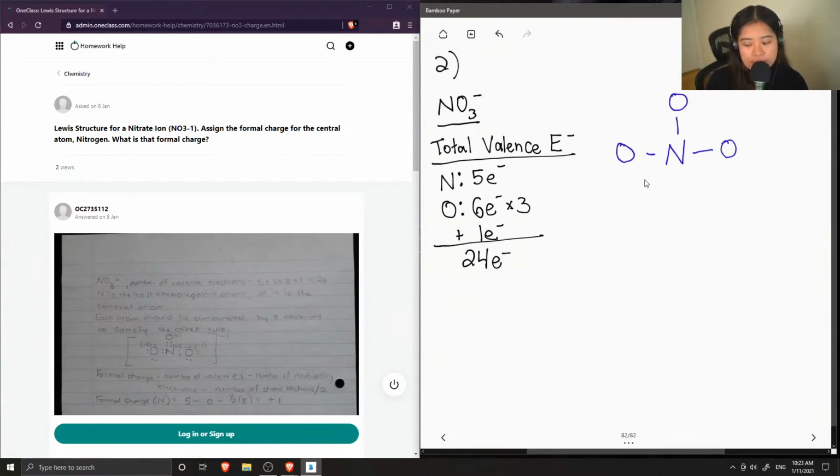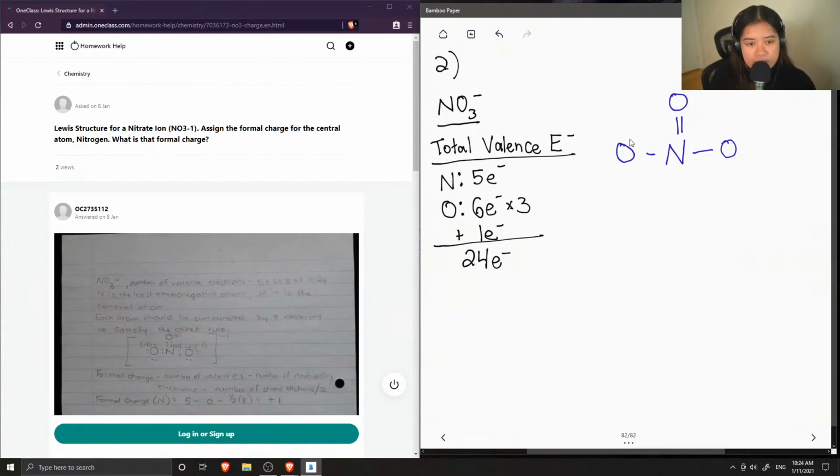And now notice that nitrogen does not have a full octet yet. If I were to add all the lone pairs of electrons on all of the oxygens, then nitrogen would still not be satisfied. So I'm just going to make one of these oxygens have a double bond.